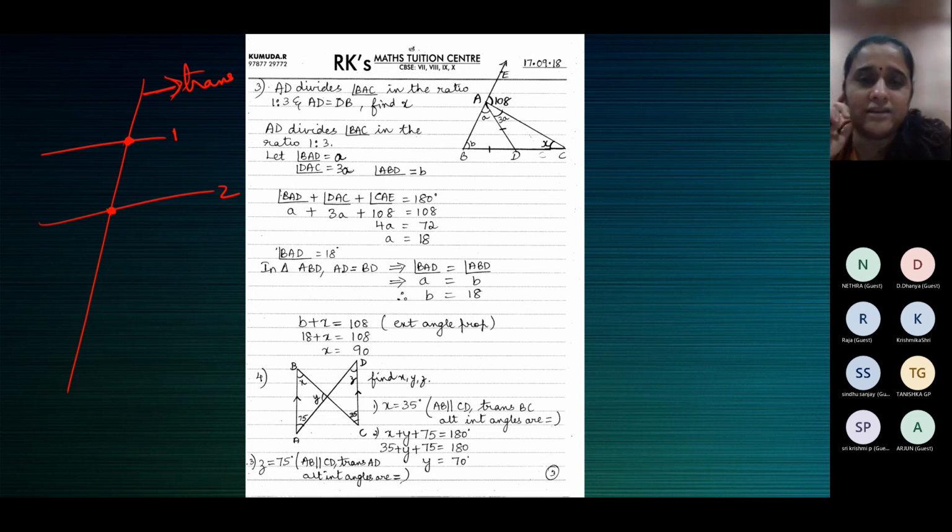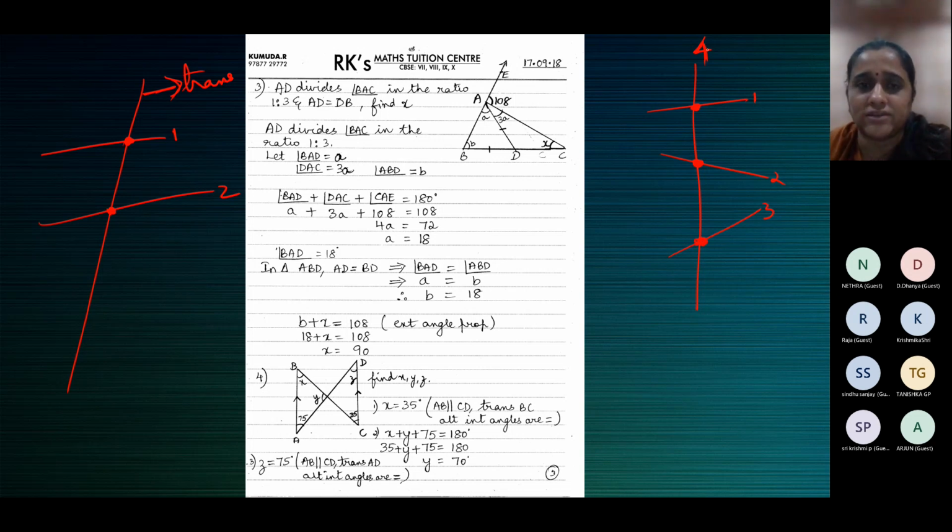A transversal is a line that intersects two or more than two lines at different or distinct points. So 1, 2, 3 lines. They may be parallel, may not be parallel, that's okay. If you call this line 1, line 2, and line 3, and this 4 a transversal, 4 is a transversal because 4 intersects 1 at this point, 2 at this point, and 3 at this point.